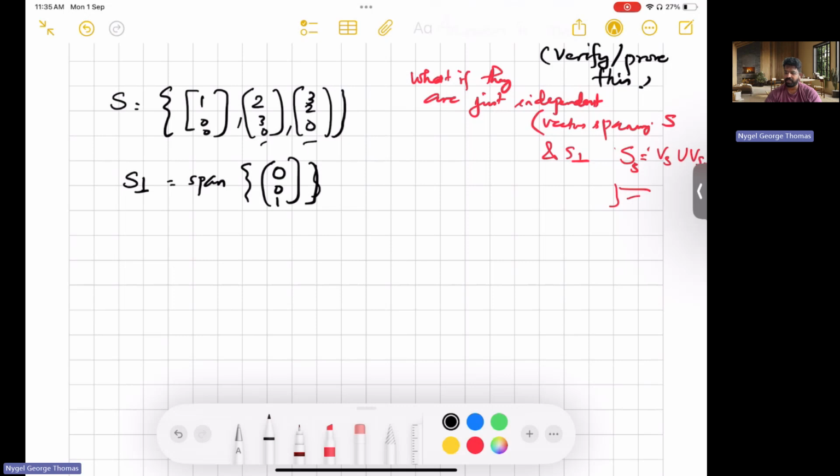Note that the third component is 0. So any kind of scaling and adding them together won't give you anything which is non-zero in the third dimension of this vector.